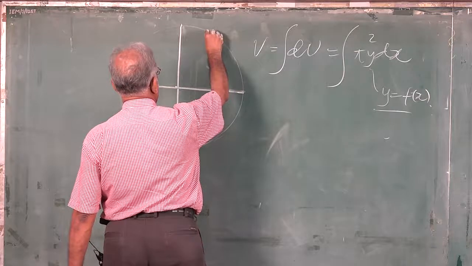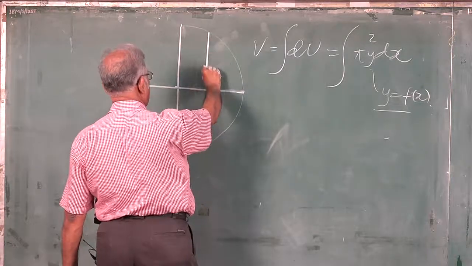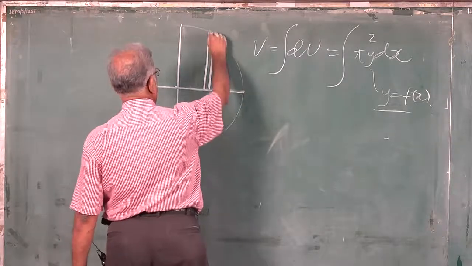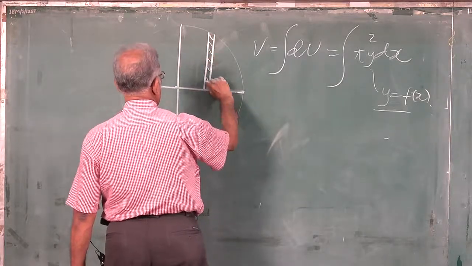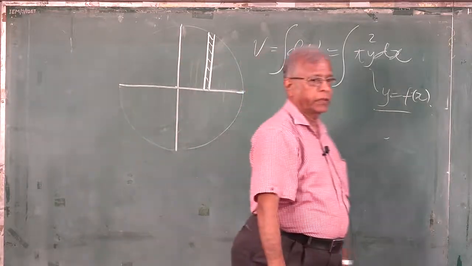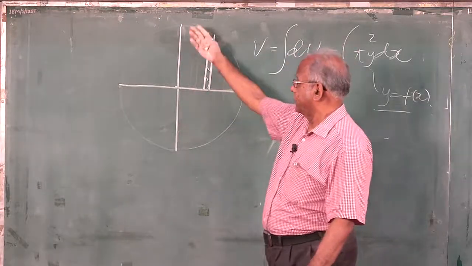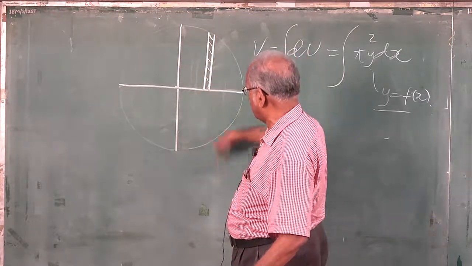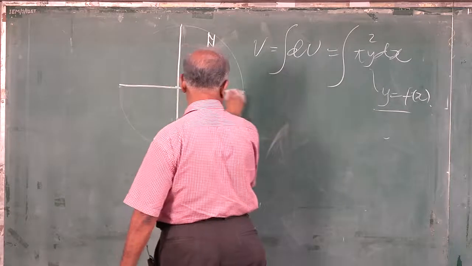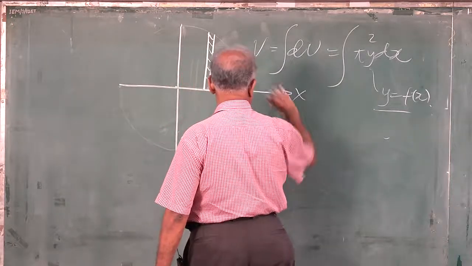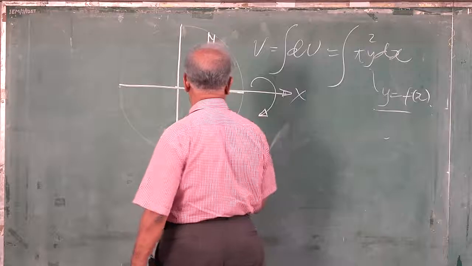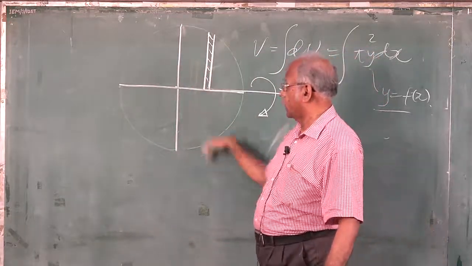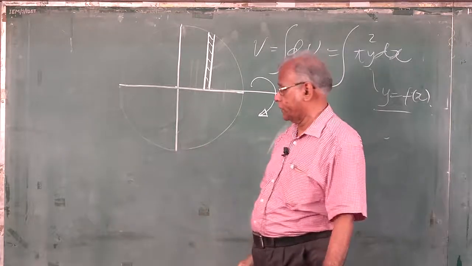We take a small strip like this, strip of area, and imagine that if we rotate this entire area, this part of this quadrant about the x-axis, through 360 degrees, then we will get the volume of a hemisphere, and the volume of a sphere is double of that.